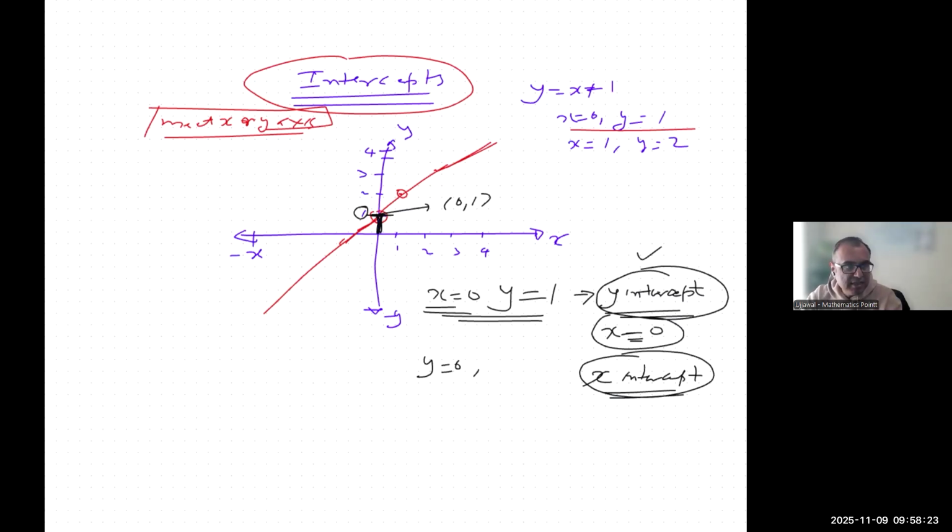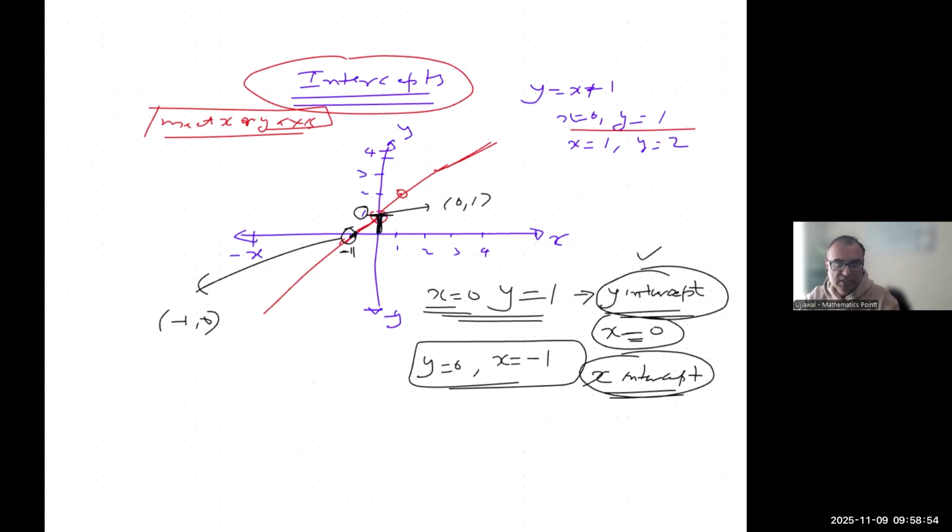Where is the line meeting the x-axis? Here, and that is -1. So the coordinates of this point are -1, 0. So your x-intercept is -1.